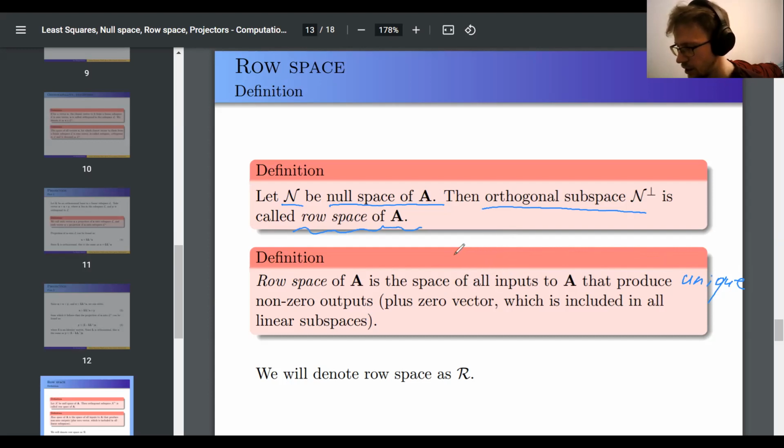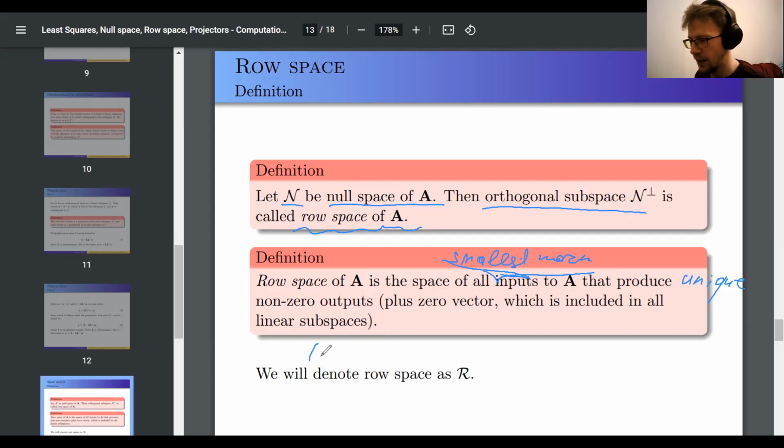And I would say maybe smallest norm inputs. Why those caveats? Well, let's see what it actually means.